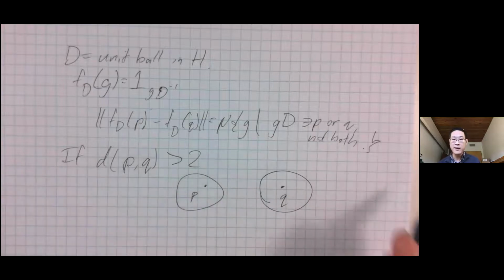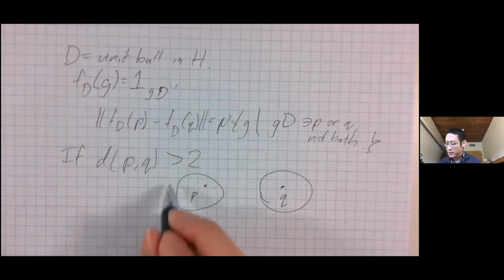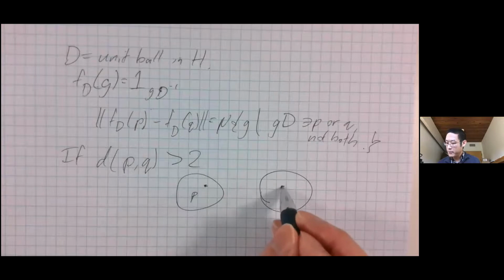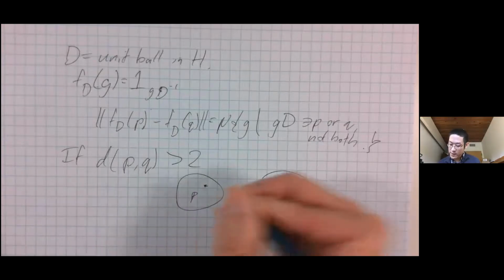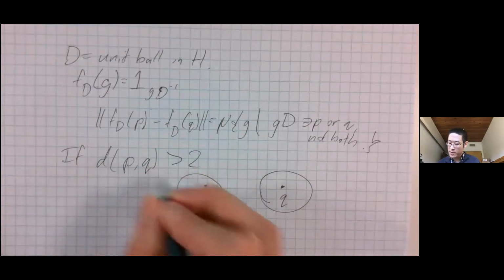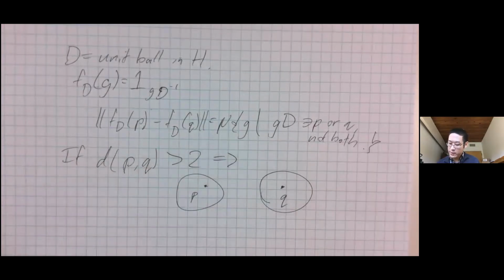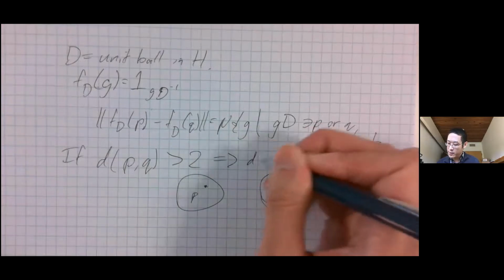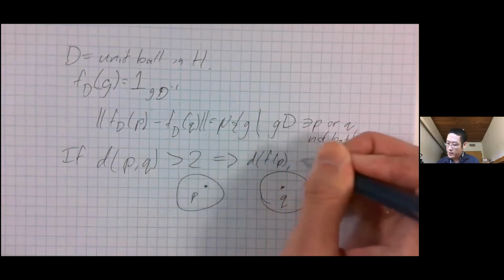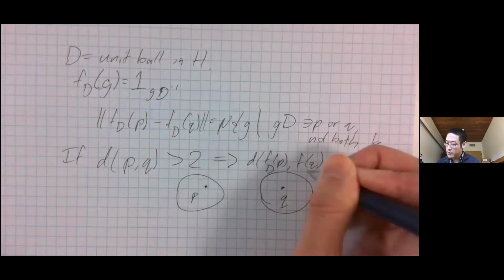And so this measure is just the measure of the set of unit balls that contain p plus the measure of the set of unit balls that contain q. And so if the distance between p and q is large, then the distance between f of p and f of q is some constant.